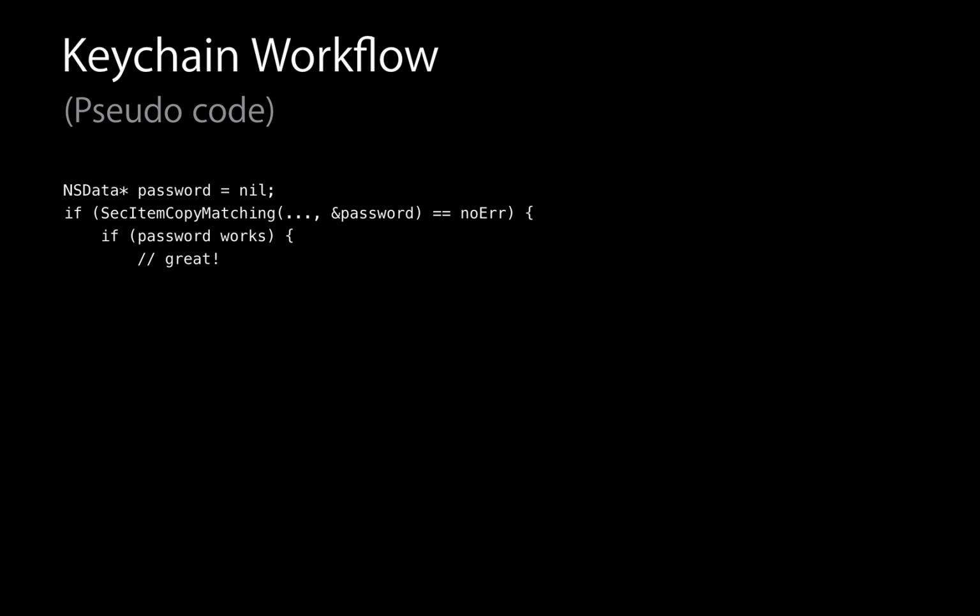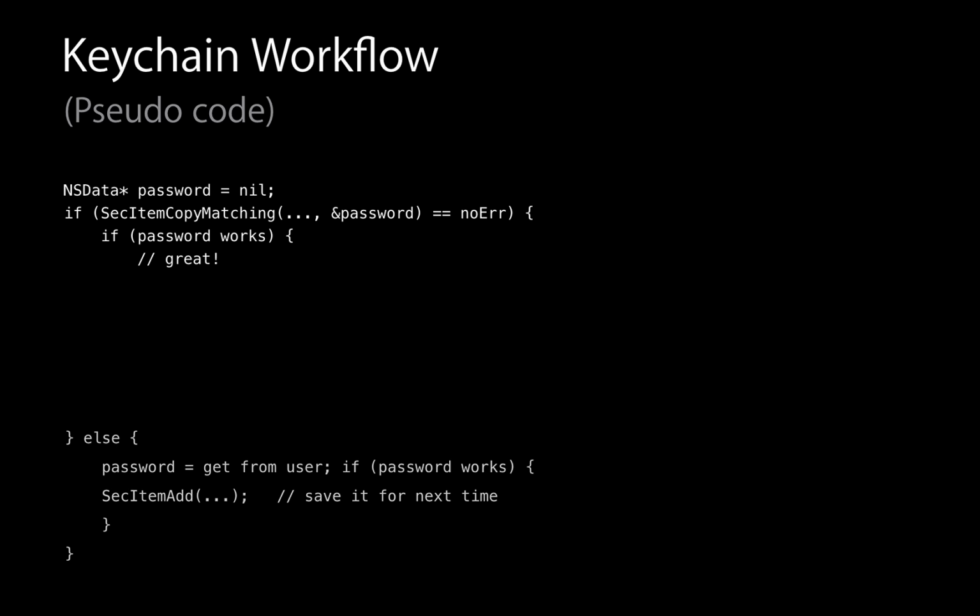Now that I've shown you how to simply add items to the keychain, I'd like to show you what a simple workflow would look like in your own application. What your application might do is first query into the keychain to see if a password exists. If a password exists and it works, great, you're done, right? However, if you query into the keychain and no password exists, you may need to prompt the user at this point for a password.